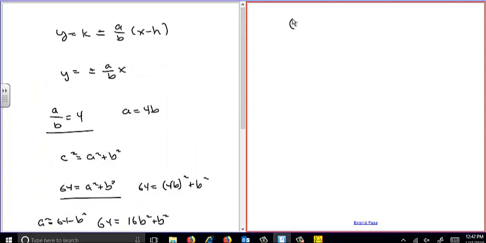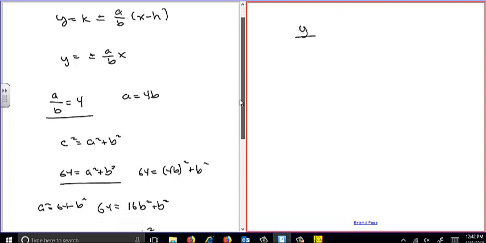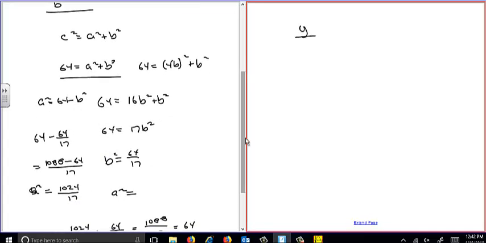So it's going to be y, because we have a vertical transverse axis, minus 0, because the center is the origin. So you have y squared divided by a squared, which is 1024 over 17, minus x squared divided by 64 over 17 equals 1. And lo and behold, that's the right answer.